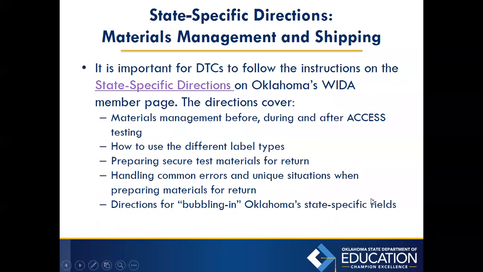Okay. So, materials management and shipping. It is important for DTCs to follow the instructions on the state-specific directions on Oklahoma's WIDA member page. So on here, see if it opens.